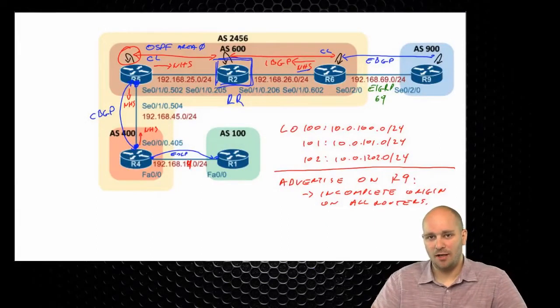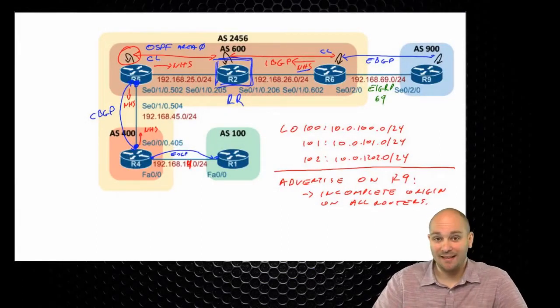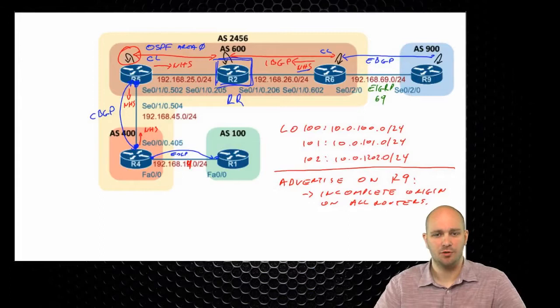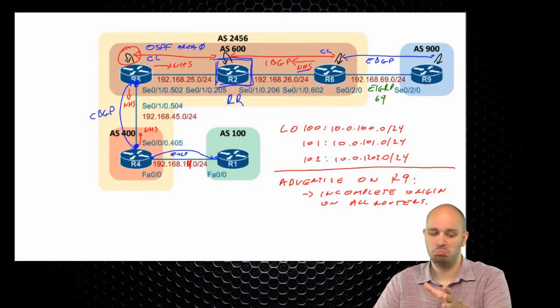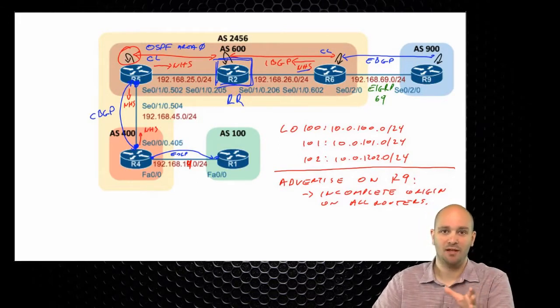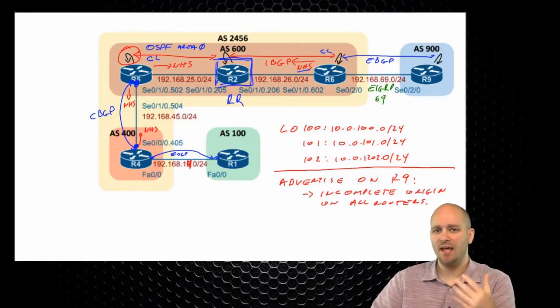The answer that I am overwhelmingly getting here is simply redistribute. When you redistribute routes into BGP, you are going to have an incomplete origin. That's very good, but there is a problem with that. Remember what we did in the last couple of sections about BGP: I gave you a couple of tasks.